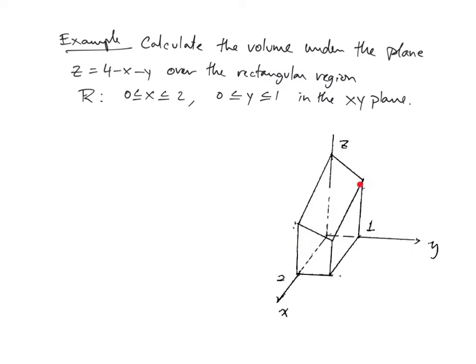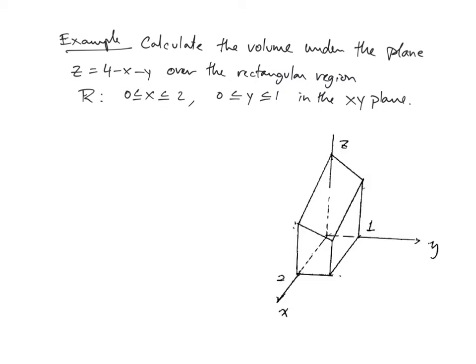Then you would look at the end of this loaf of bread, and you would see a function, z as a function of y at some particular x value, and you could find the area under that curve using an integral, integrating in the y direction. That gave you the area of a slice of this thing, and then you make the slice a certain width dx, and you add up all the slices in the x direction, which is integrating in the x direction.